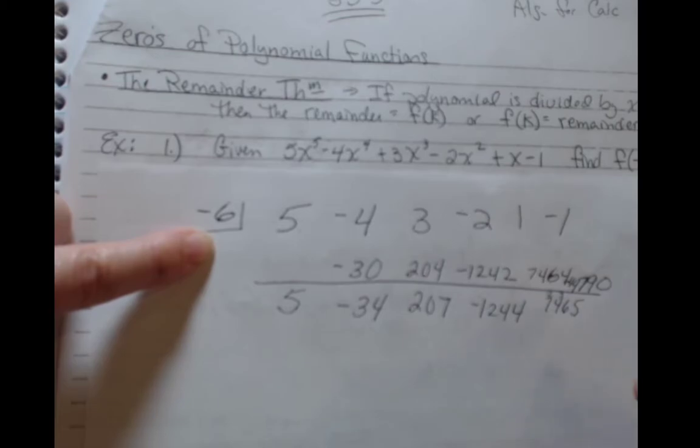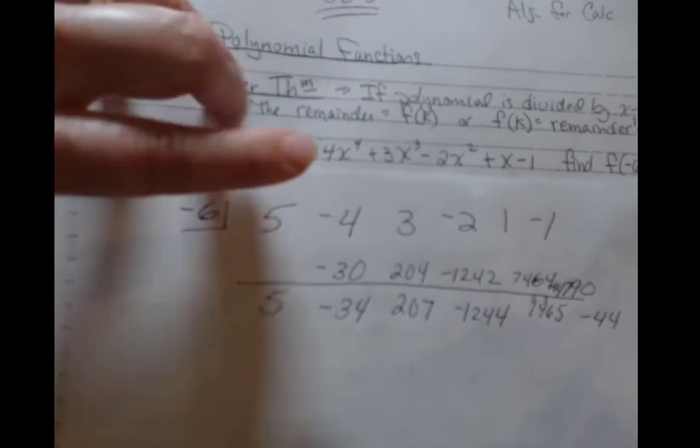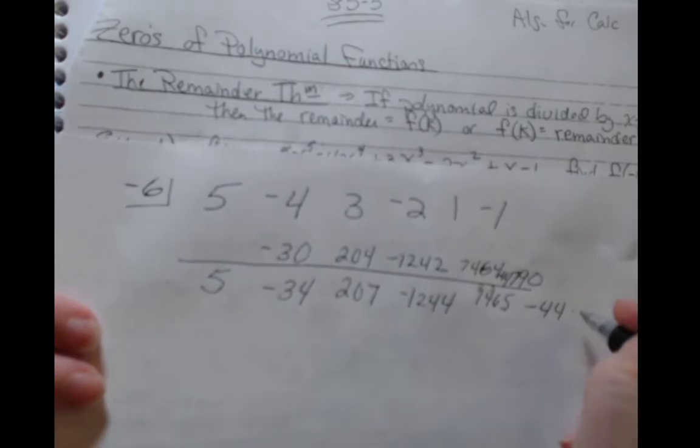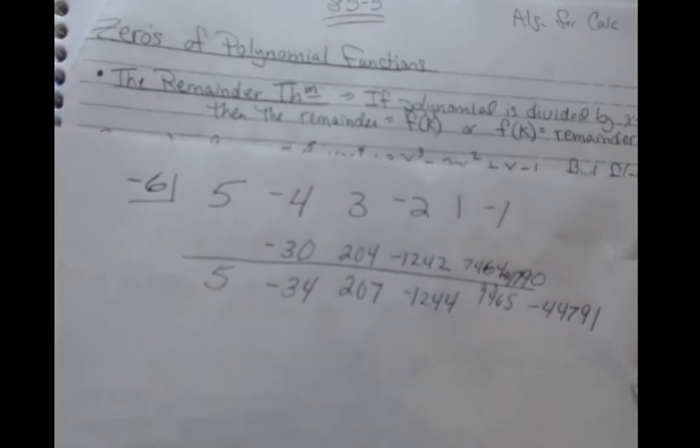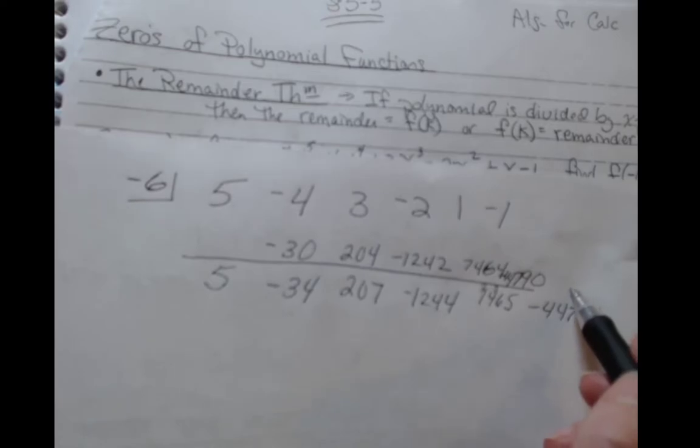Thinking about redoing it to make more space. Negative and a negative, so that's going to be negative 44791. Okay. So that's our remainder.